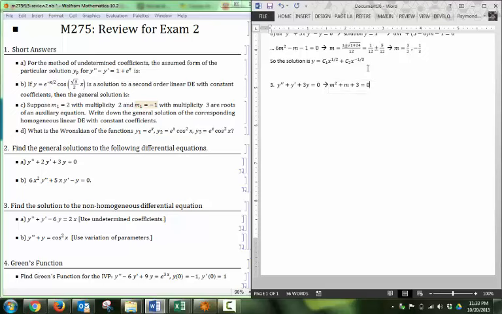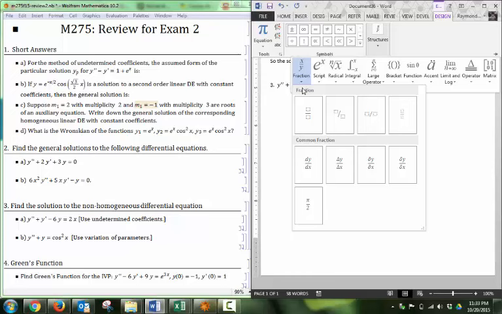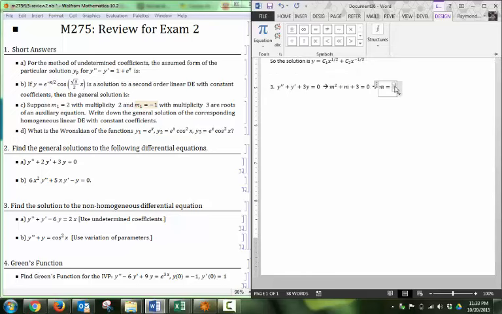Not a nice way to factor, so let's go ahead and use our quadratic formula. M is equal to, what is m going to equal?